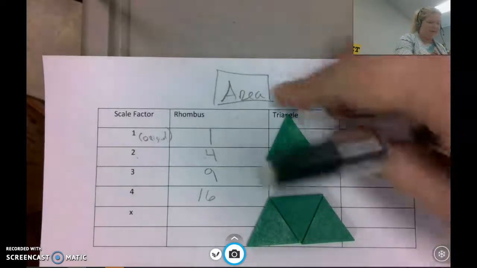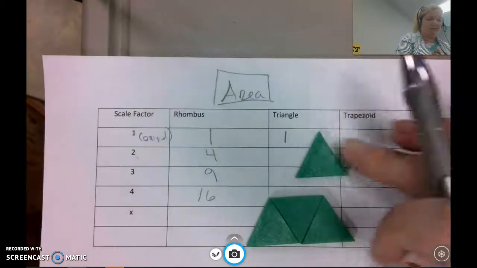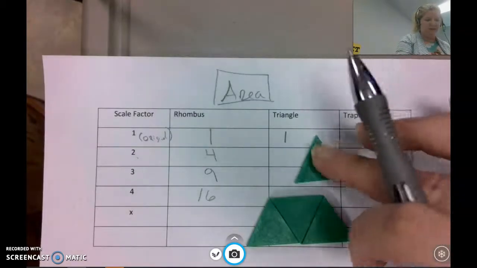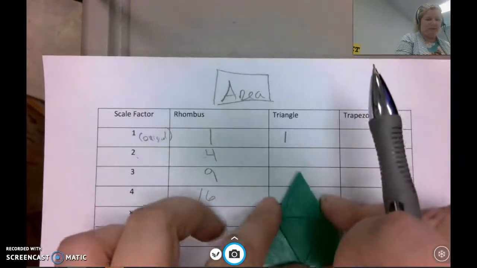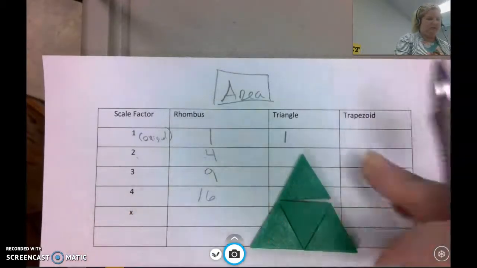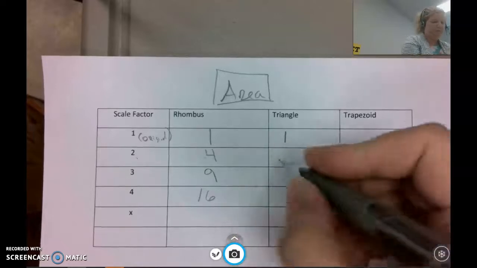This was the original. This one is twice as wide and twice as tall. So the area, if I'm measuring by this unit, so I'm saying each of this shape is 1 unit, then the area of the figure that is created using a scale factor of 2 is 1, 2, 3, 4.